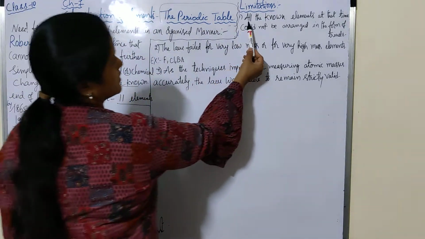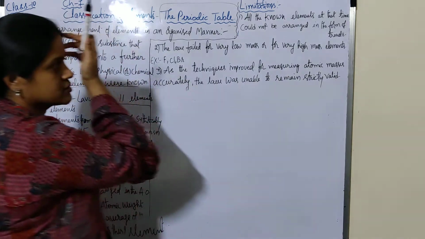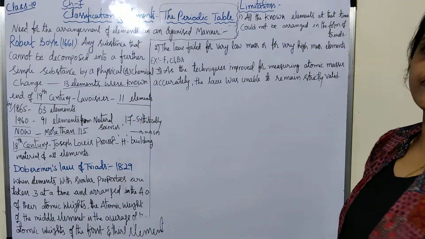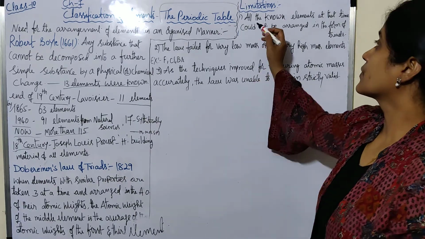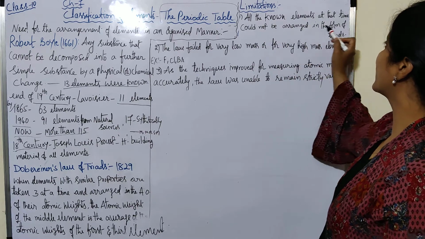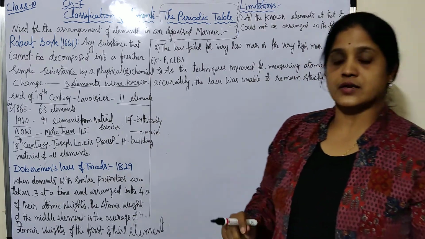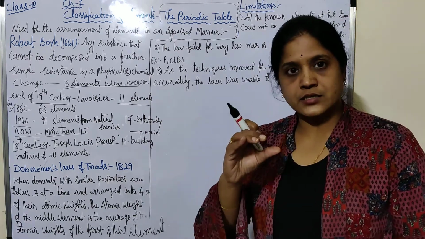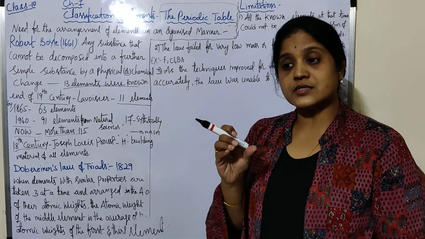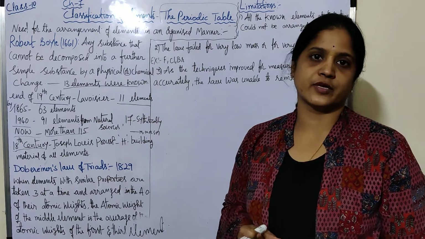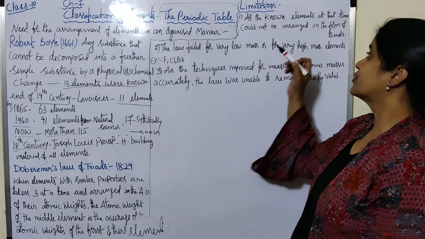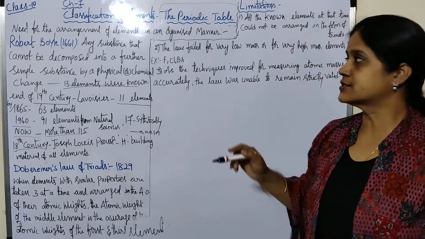The first one is, all the known elements at that time could not be arranged in the form of triads. He arranged 3 elements with similar properties as a group, but with all the elements he couldn't make triads.